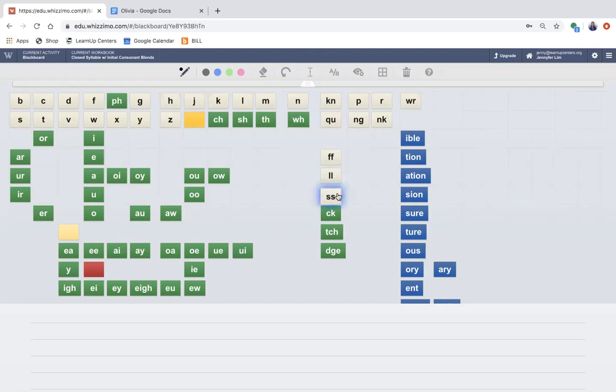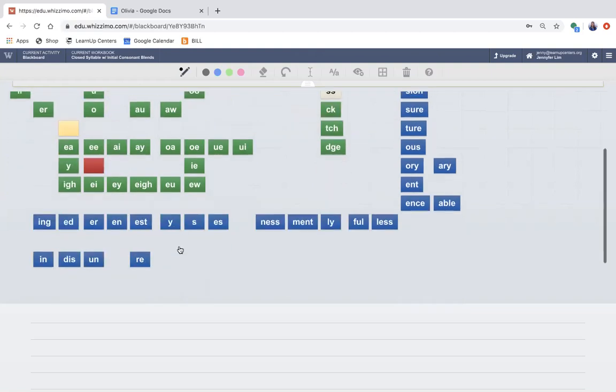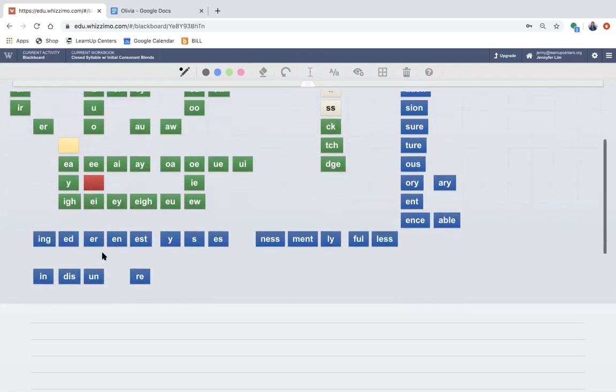O, S, K, Ch, J, A, I, O, E. Good job. What about our suffixes sounds? What does this say?